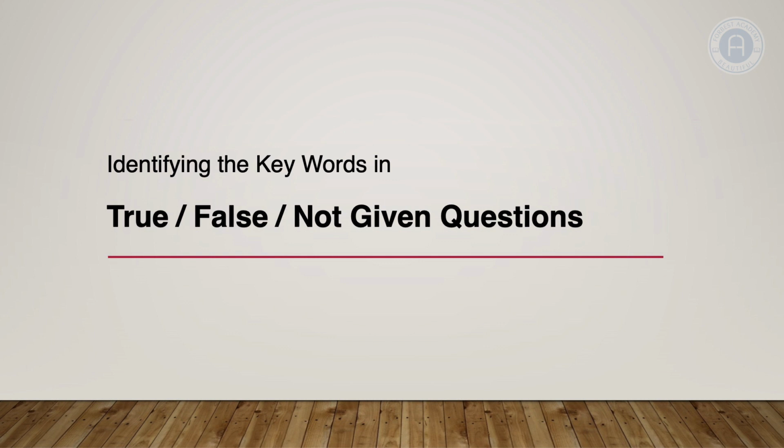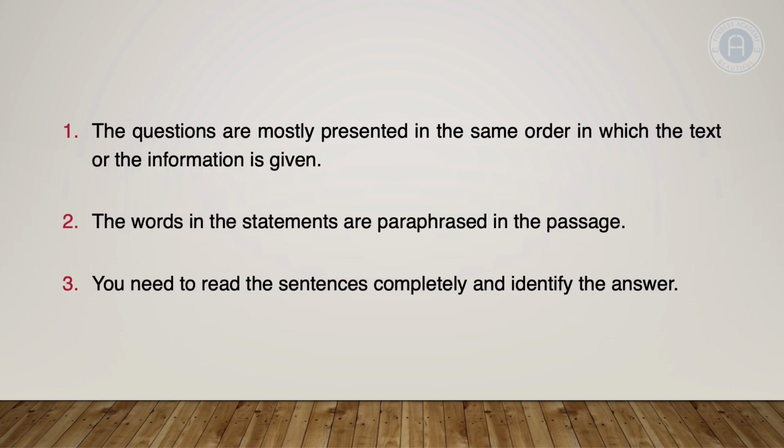Before everything, I would like to make some general recommendations. Number one, the questions are mostly presented in the same order in which the text or the information is given. What do I mean by this? Well, it's very simple. If question number one appears in paragraph 1 of the text, then question number 2 is going to just show up right after that, not before that.